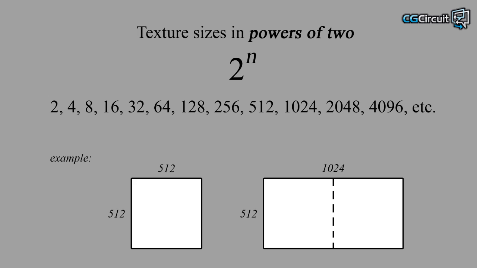Usually texture sizes will be square, but you will occasionally come across textures that are an additional power of 2 in one direction, such as having a 512 by 1024 texture. It's technically possible to have other sizes, but you should stick with powers of 2 because if you make your texture even a little bit larger, then the texture won't fit as well into memory, and you end up wasting space that other textures could have used.